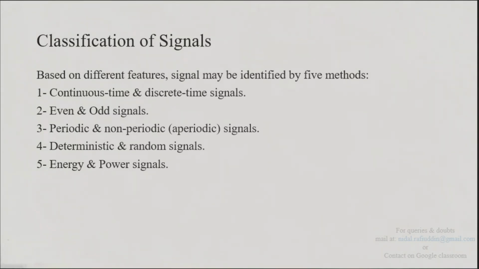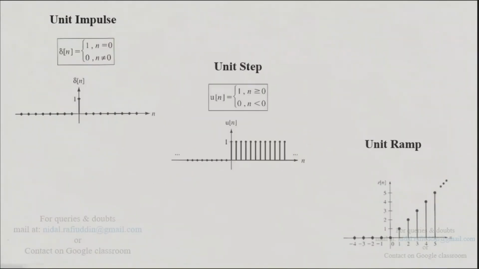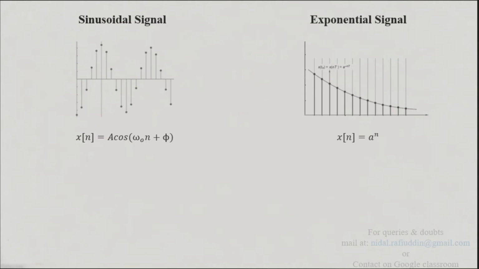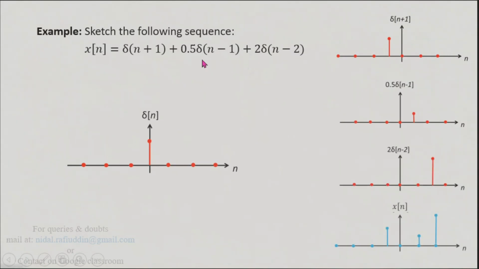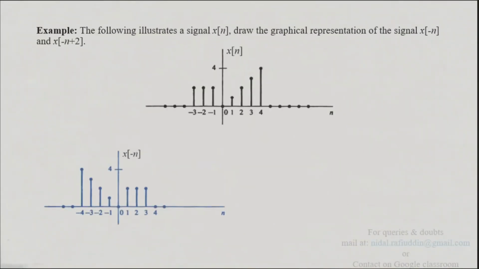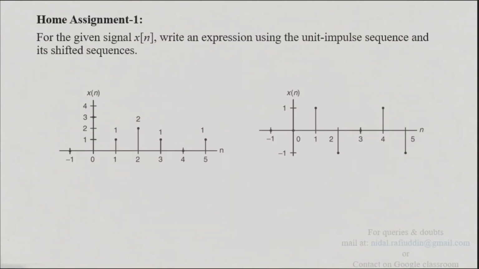Then I talked about the continuous and discrete time representation of the signal. Then we talked about the discrete representation of the elementary signals: the unit step, unit ramp, unit impulse, the sinusoid and exponential signals, and we did this question as well. So this was already done in our previous lectures, and this was given as home assignment.